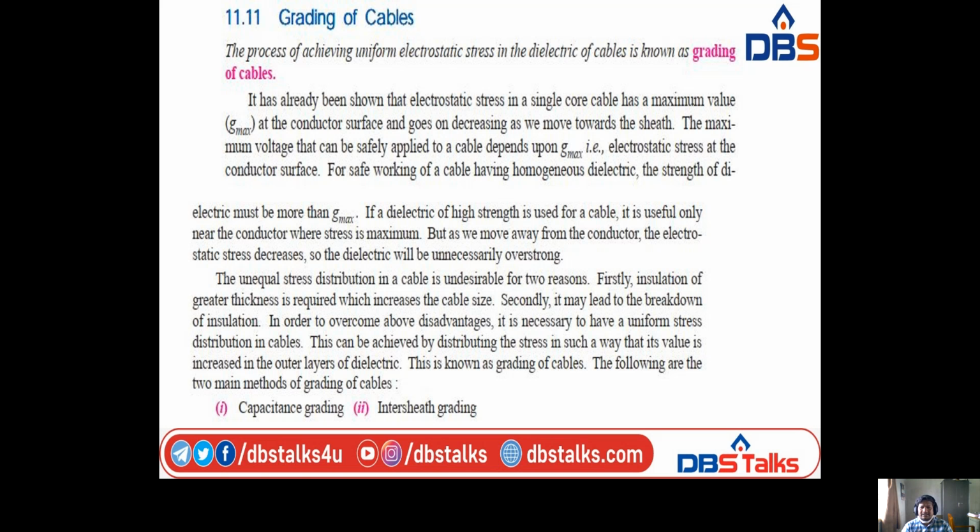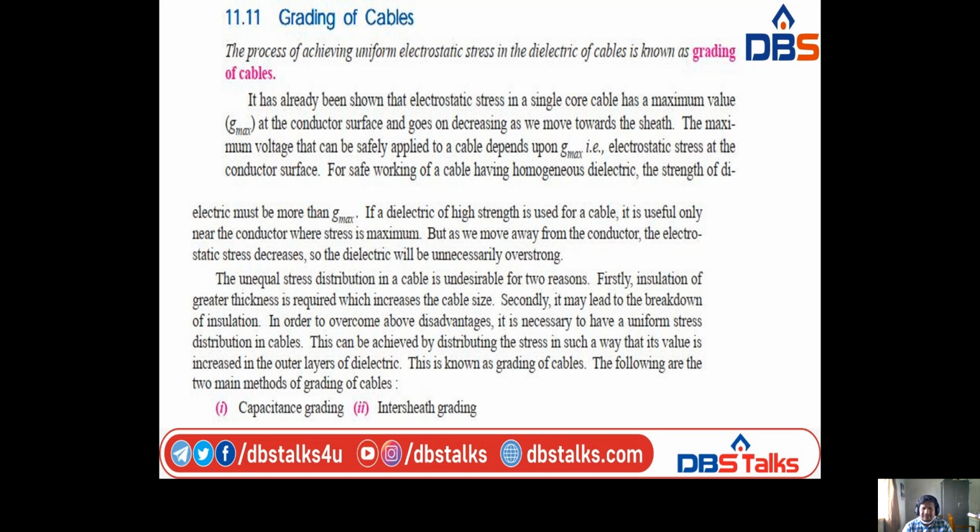For safe working voltage, the dielectric strength must be greater than G maximum. If a dielectric of high strength is used for a cable, it is useful only near the conductor where stress is maximum.